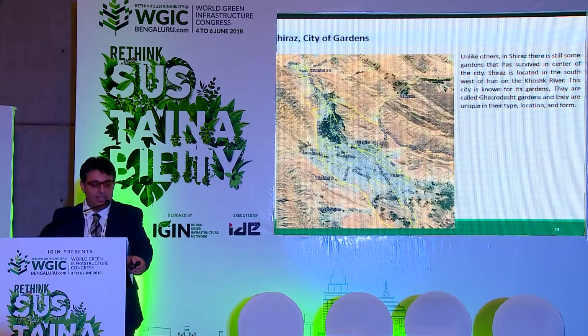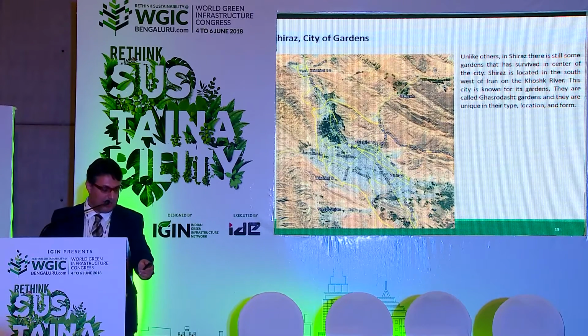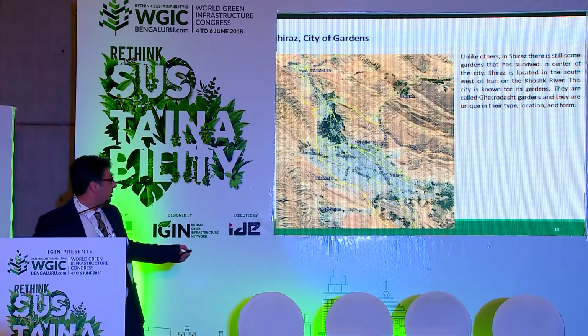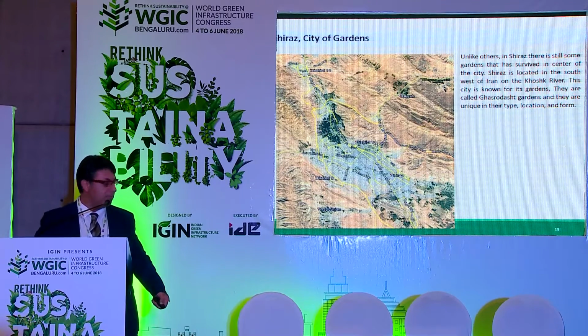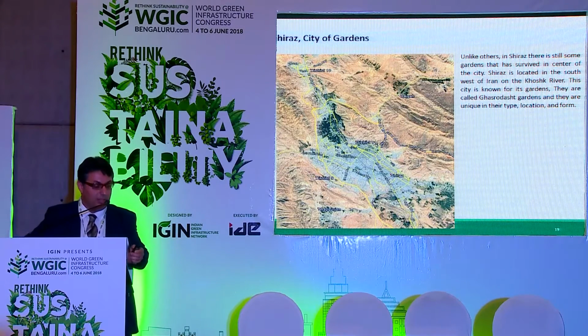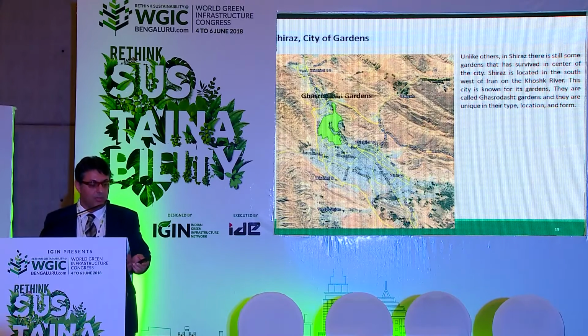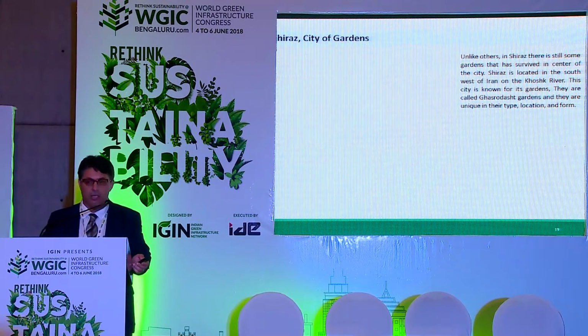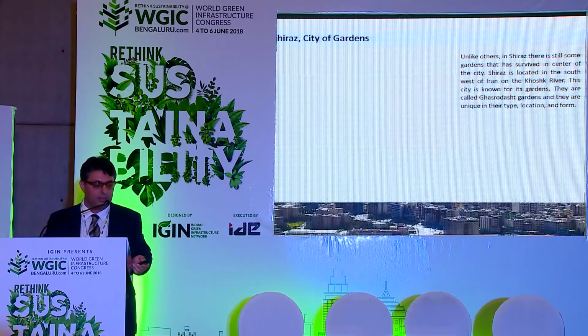This is an aerial photo of the city. You can see at the top left, that's a stain of green. All of them are gardens. So these are the gardens, very, very big. It's almost 10% of the city is a garden.